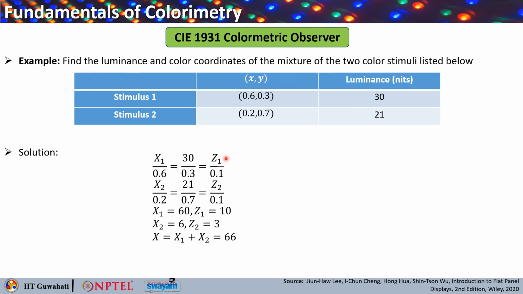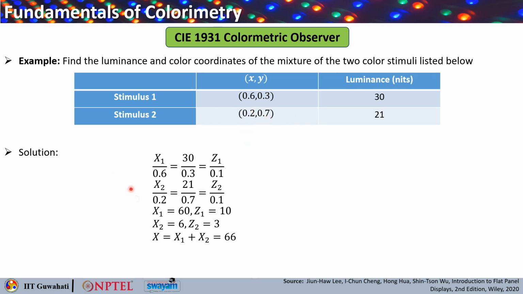Similarly, for the second stimulus, small x is 0.2, small y is 0.7. So, what will be small z? Again 1 minus 0.2 minus 0.7, that is 0.1.